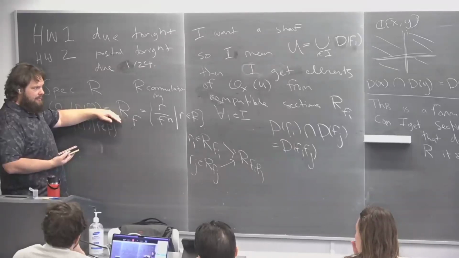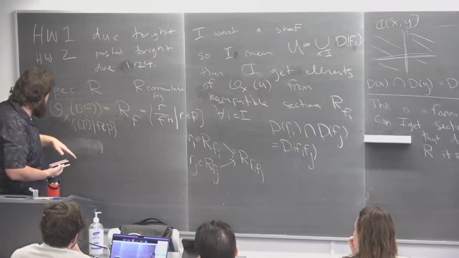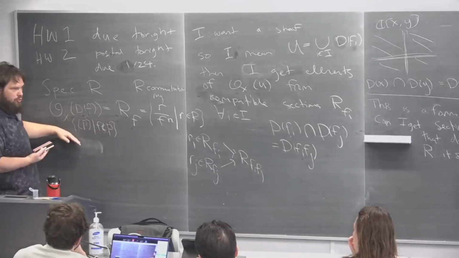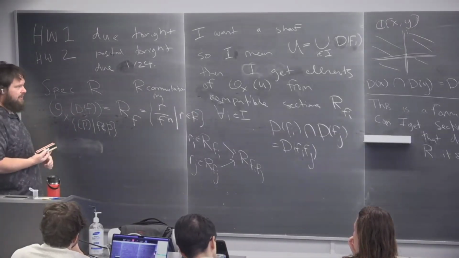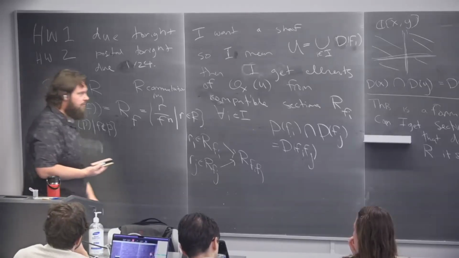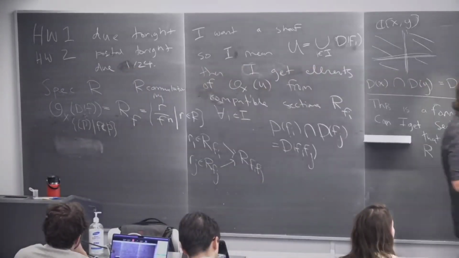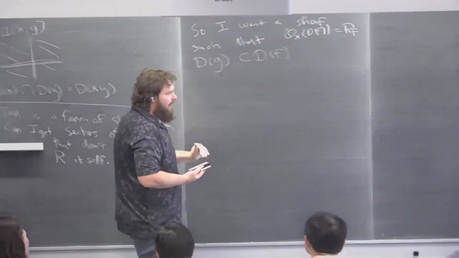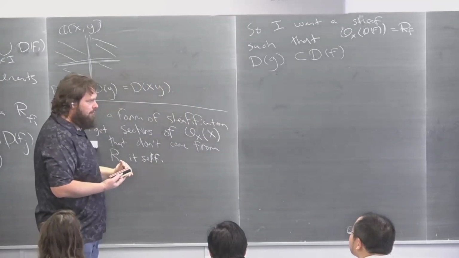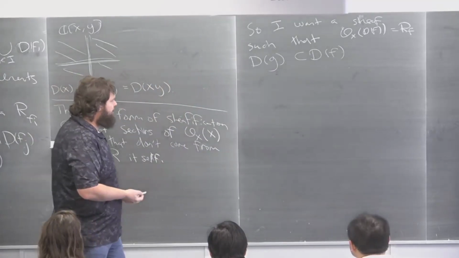And what is that consistency? I need to tell you, when there's an inclusion of two open sets in the basis, what's the restriction? So that's what I was getting to here. This means that G vanishes anywhere that F vanishes, and it might vanish at more places.